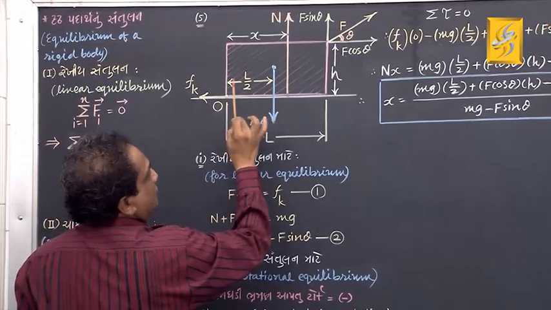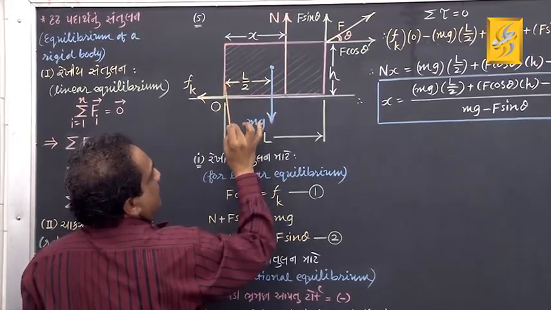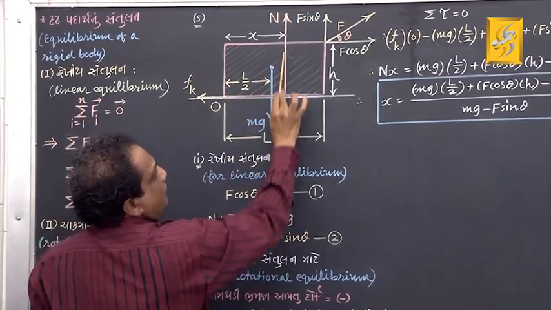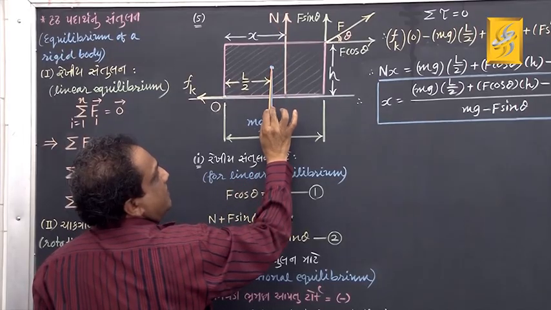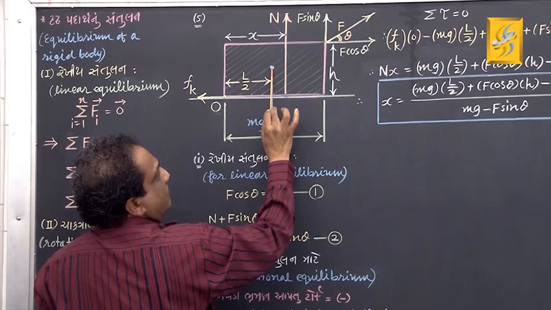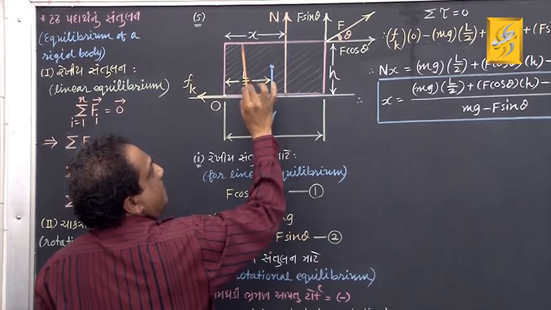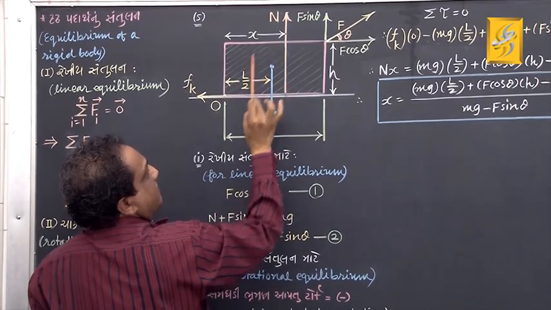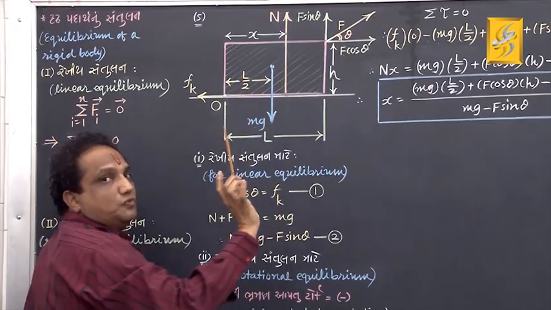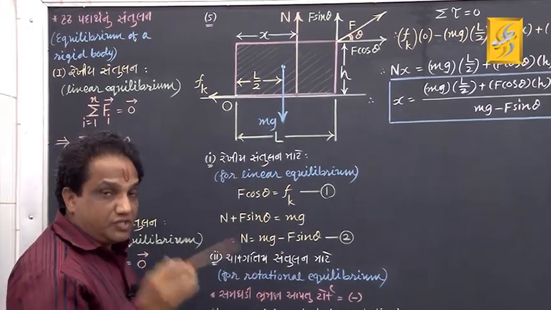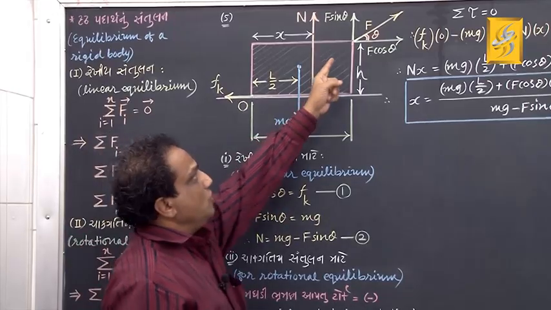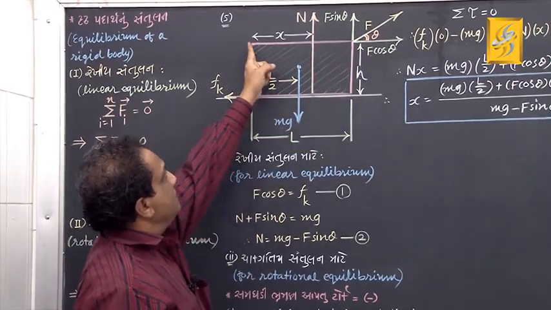When x is L by 2, it means the normal force will be exerted in the upward direction passing through the center of gravity, correct, this way. And if it is exerted this way, then this distance x will be equal to L by 2. Similarly, in the examination, they may give you this force not towards the right hand side but towards the left side.